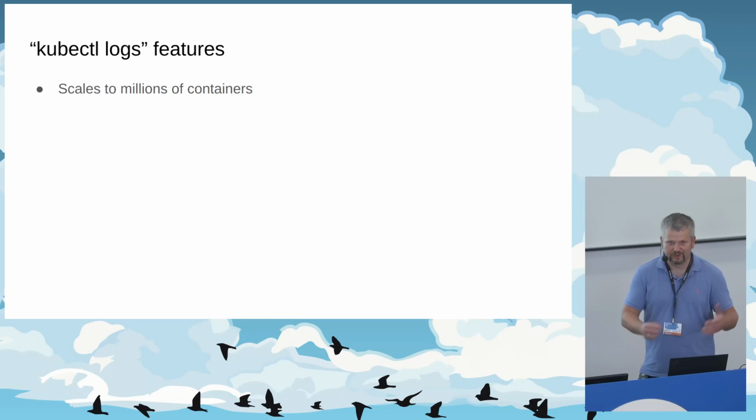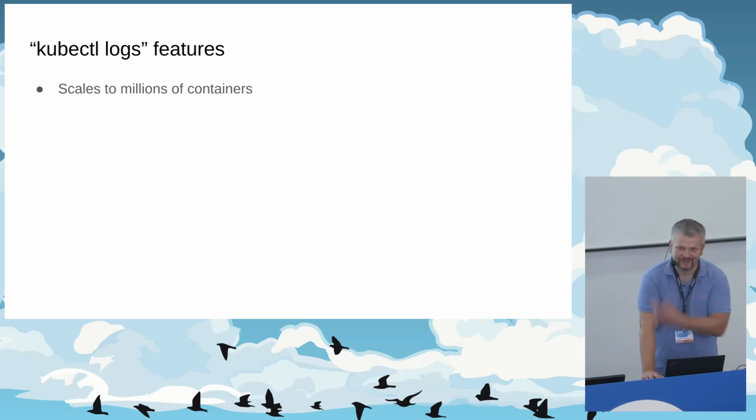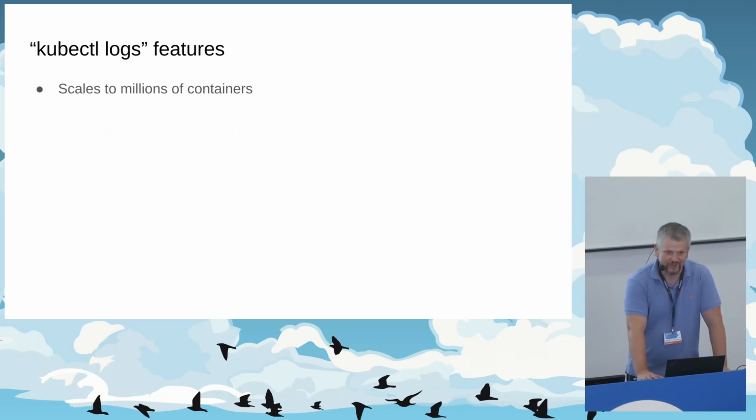And if you add more nodes to your Kubernetes cluster, then you increase the capacity and scalability for this logging solution in Kubernetes. That's why it scales to millions of containers if you have a Kubernetes cluster with thousands, tens of thousands of nodes, for instance.